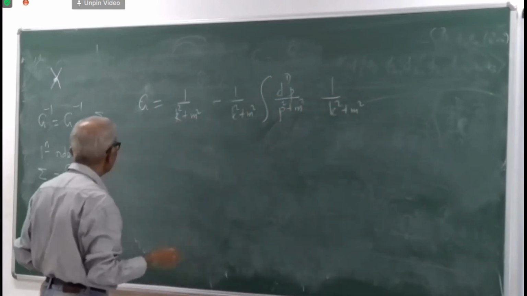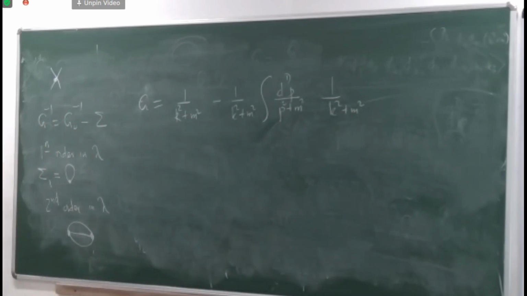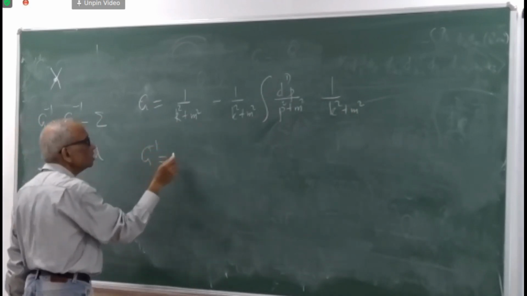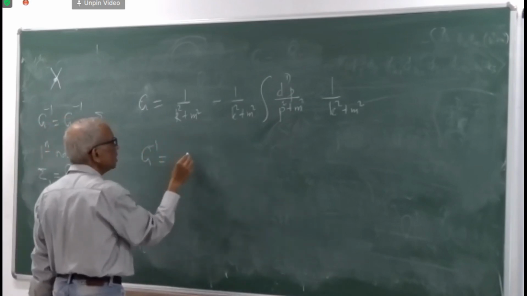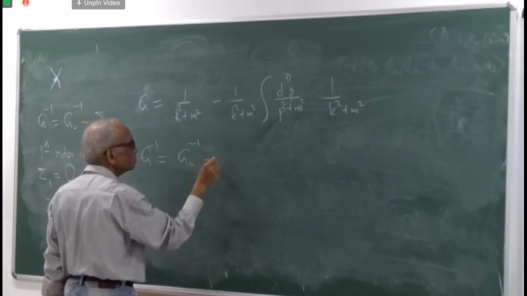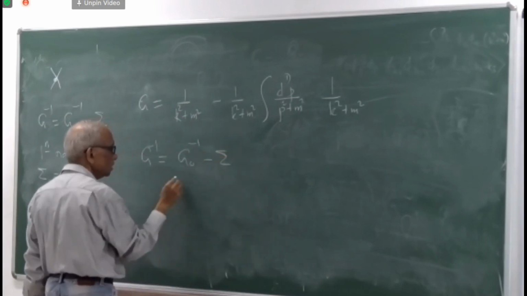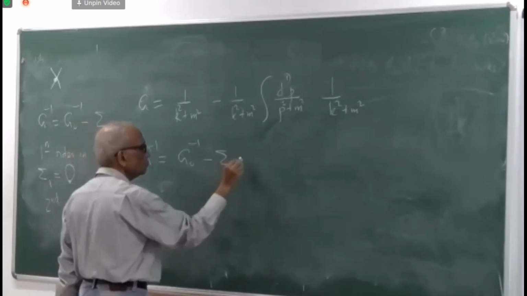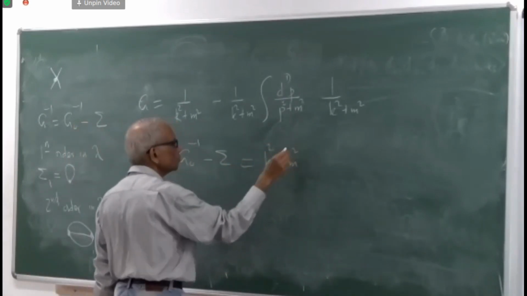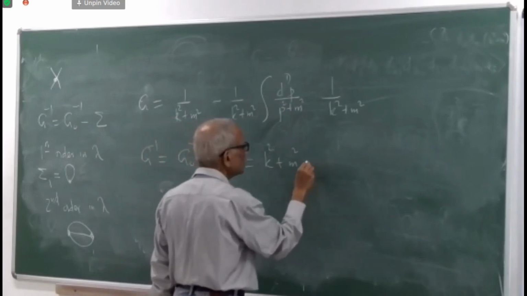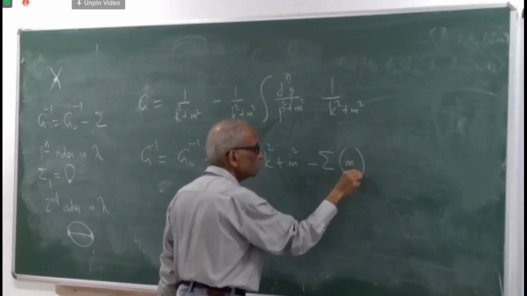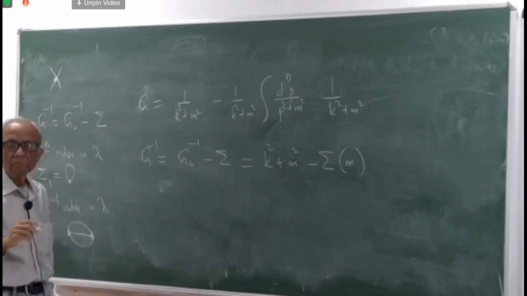So that if I'm looking at this G inverse, then it is G0 inverse, which is this, minus sigma. So this is equal to k squared plus m squared minus sigma, which is a function of m, right?